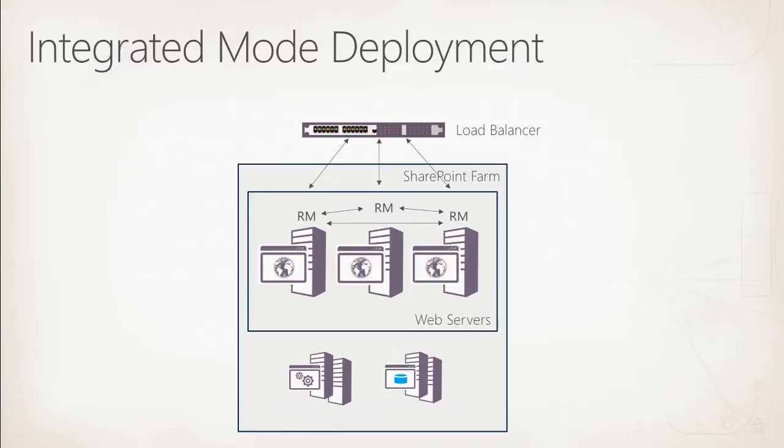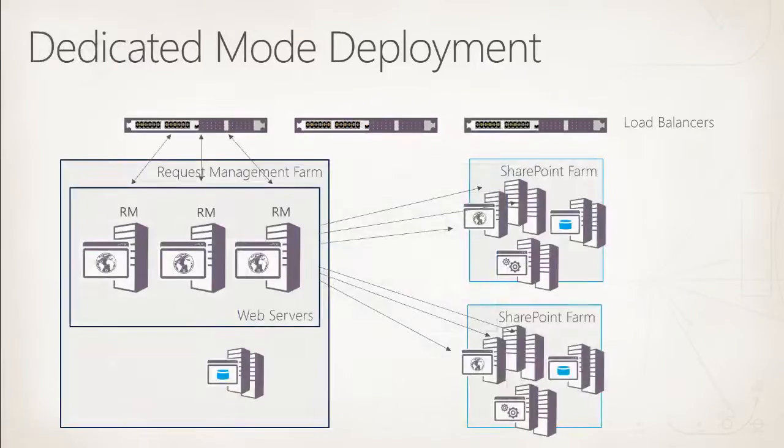And then to contrast that with the dedicated mode deployment, whereby the load balancers are going to send requests to the request management farm, and then the request management farm will route requests to the individual content farms on the right-hand side of the diagram.